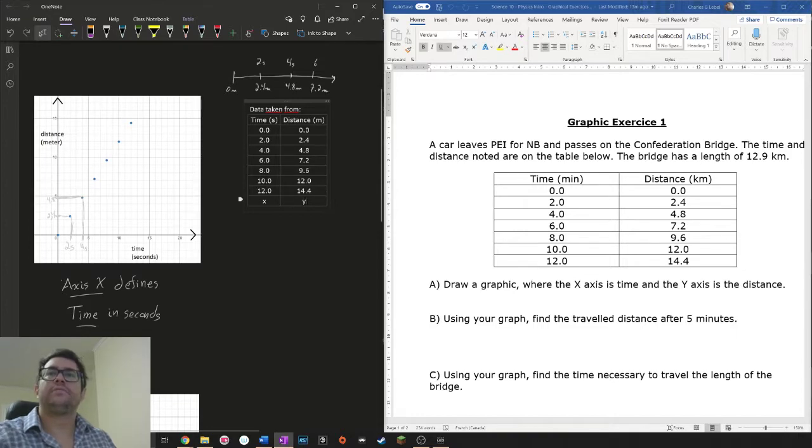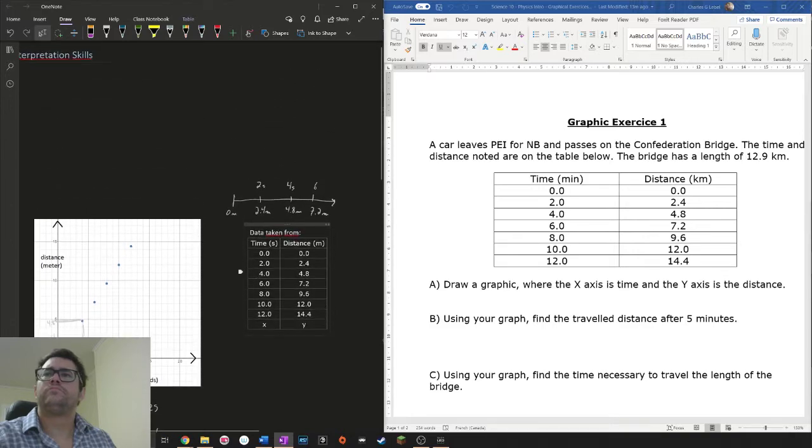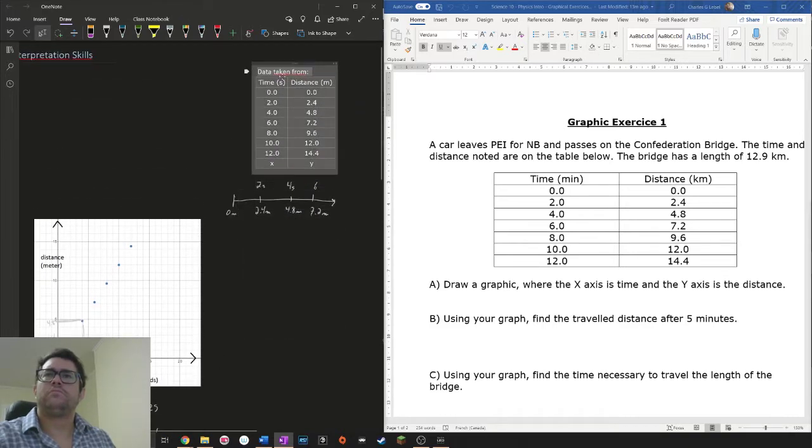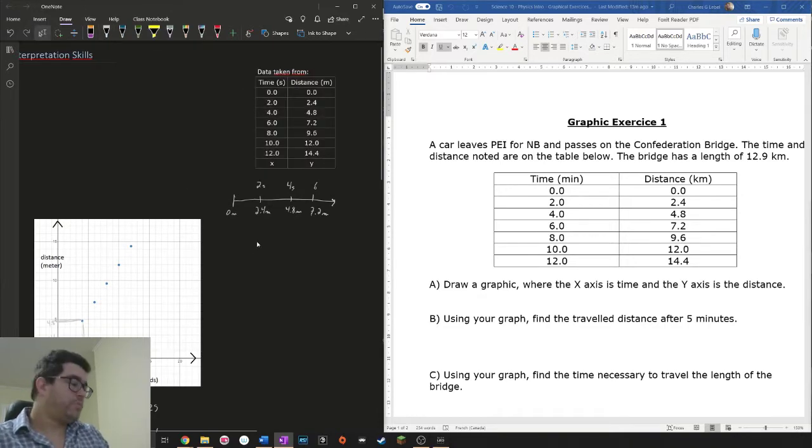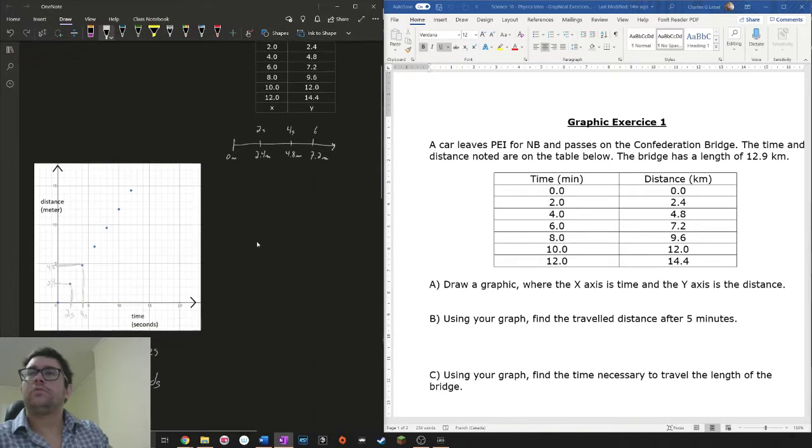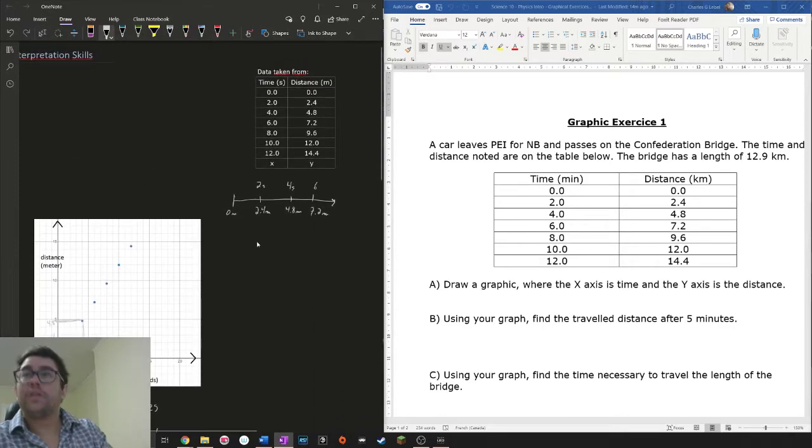The first axis, the x-axis, will be the time. Maybe we should draw that. Let's just make a little drawing here. I'm limited with my functionalities.